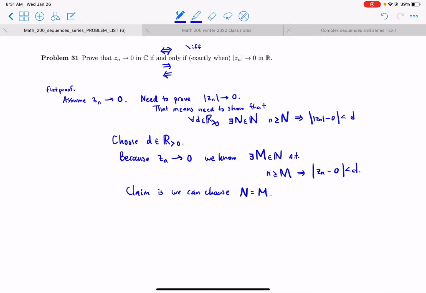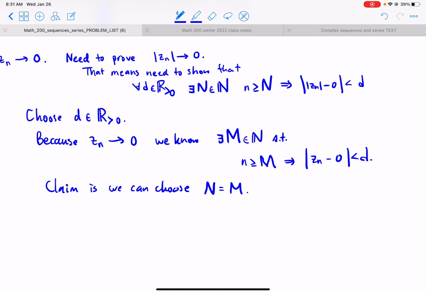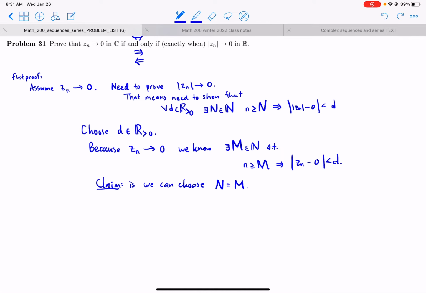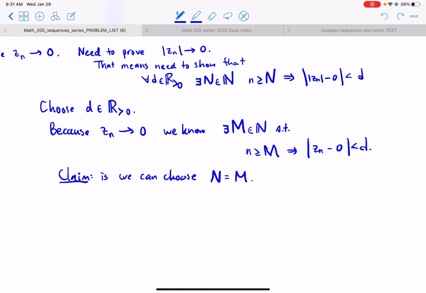Now let's see that. So now I'm going to calculate. So here's my claim. We can choose capital N up here equal to this one that we knew existed because of the thing we assumed. So let's see why. Well, I need to show that this is less than d.